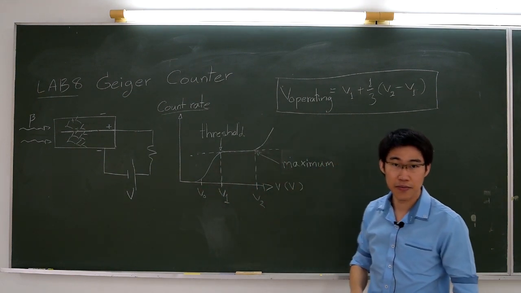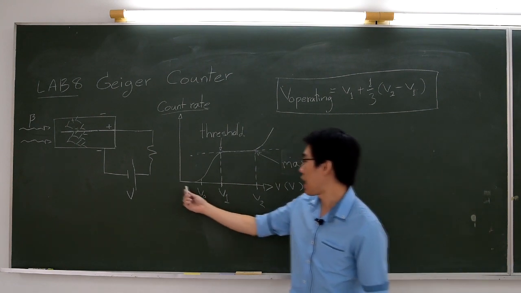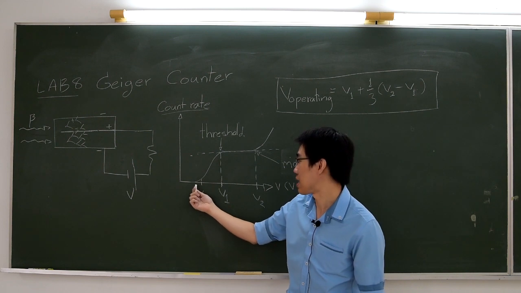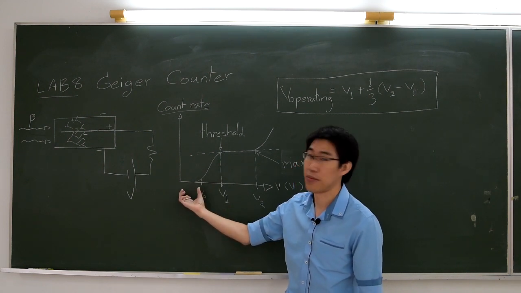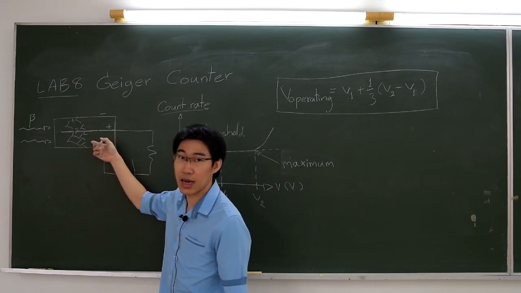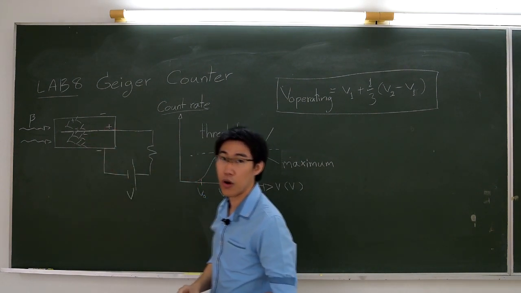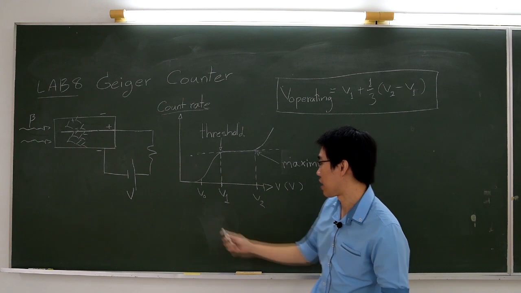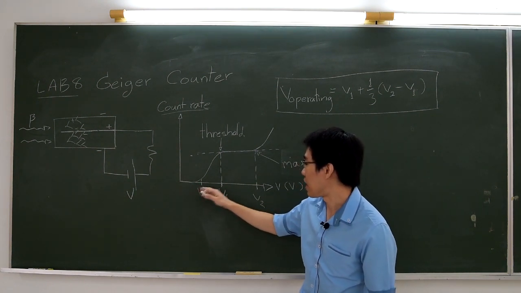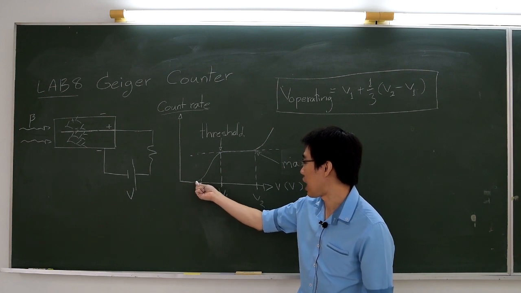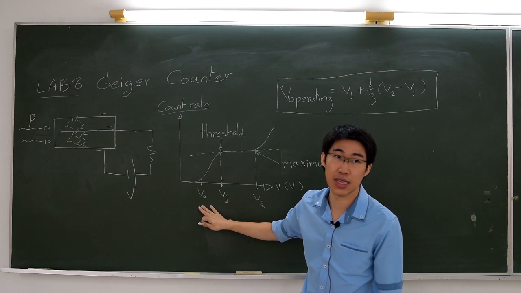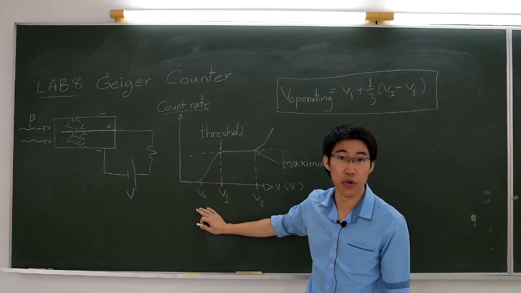It looks like a step. At low voltage, no counts are detected because the energy is not enough. The electrons and ions in the tube cannot move to the electrode. As the voltage increases, the Geiger counter tube begins to detect the radiation signal. The voltage at which the Geiger tube begins to count is called the starting potential or starting voltage.